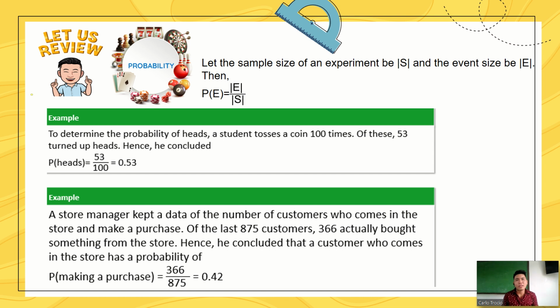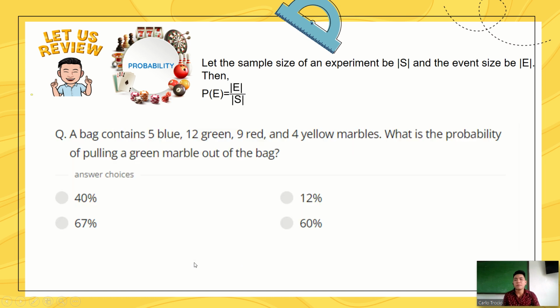So others are just having a visit or window shopping. So there is a 42% probability that a customer will buy something when they enter the store. Okay, so you may have a fraction form or a decimal form when you're asked of the probability, but most commonly we are using the fraction form.